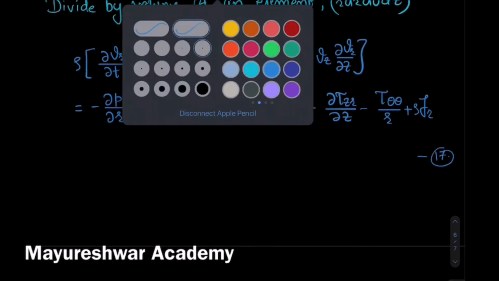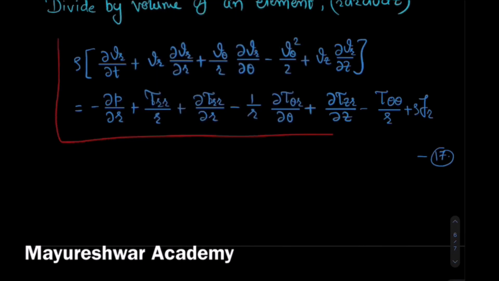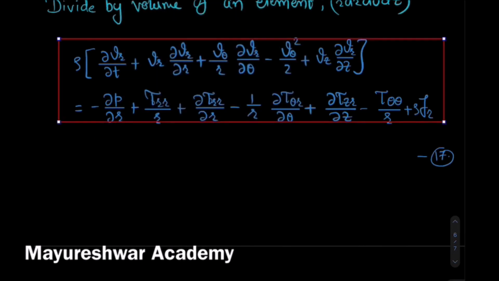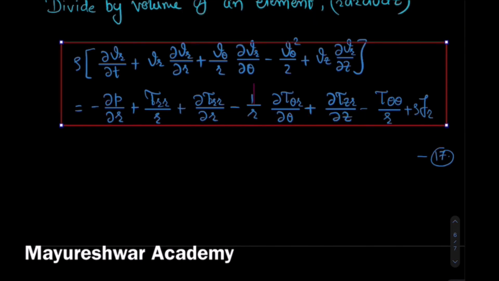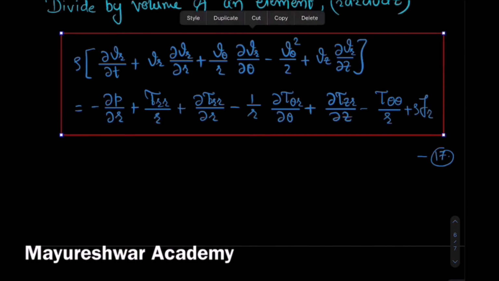So that completes our derivation along r direction, which is in cylindrical coordinates. So that's it.